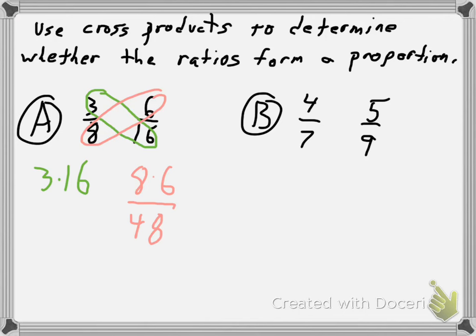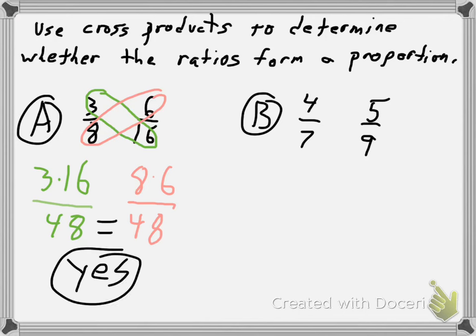Now I need to multiply the other side. 3 times 16 is 48. So now I need to think to myself, is 48 equal to 48? Yes. So do these form a proportion? Yes, they are what we could call proportional.